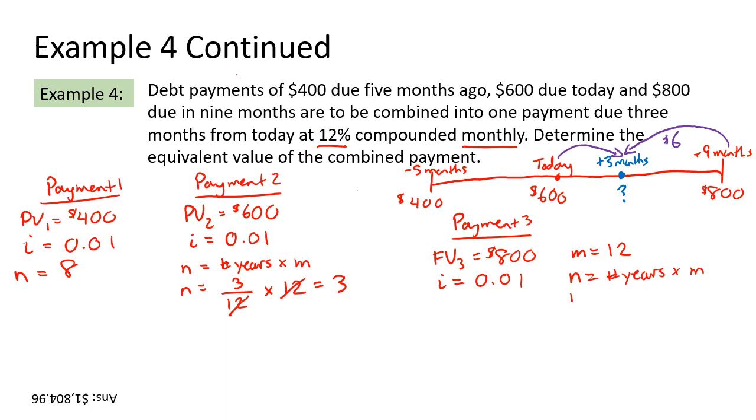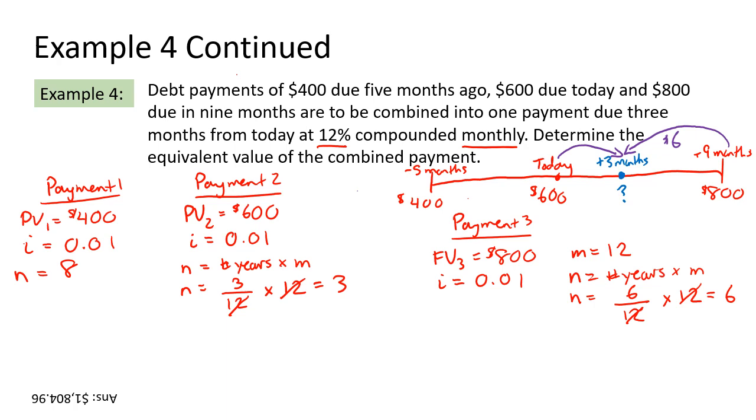So in our formula, we're moving 6 months divided by 12 months per year, because we have to convert it to years, multiplied by our number of compounding periods per year, 12. And again, the 12s cancel, and you get a total number of compounding periods of 6. So now we know all of the variables for each of our 3 payments.